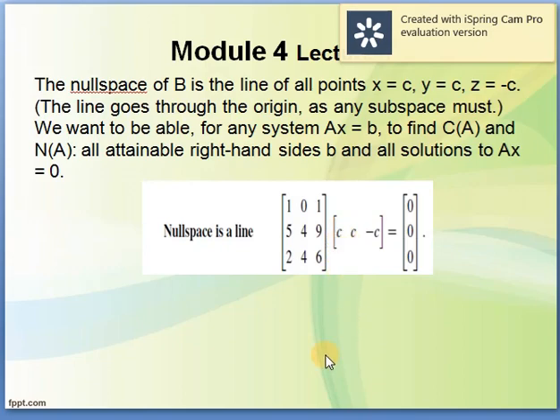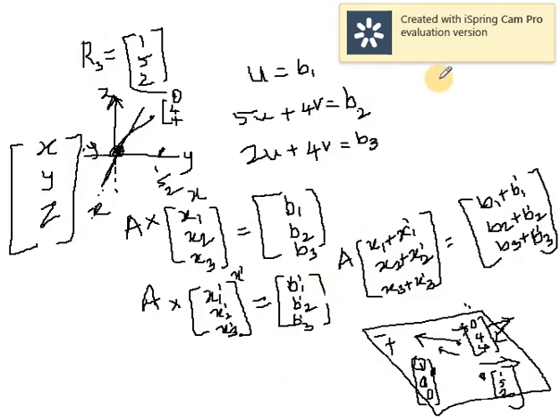Let's write it a bit more comfortably: 2, 2, minus 2.